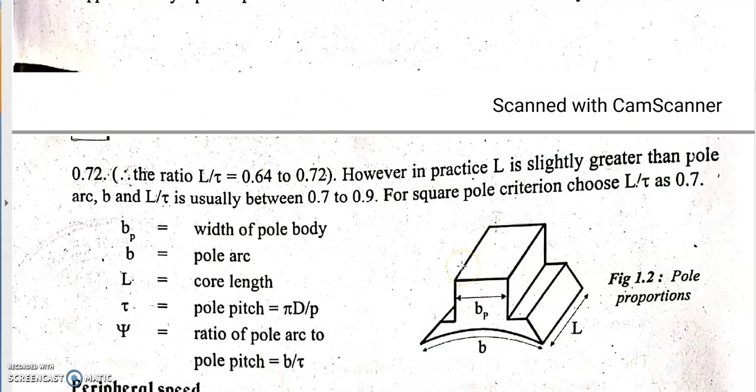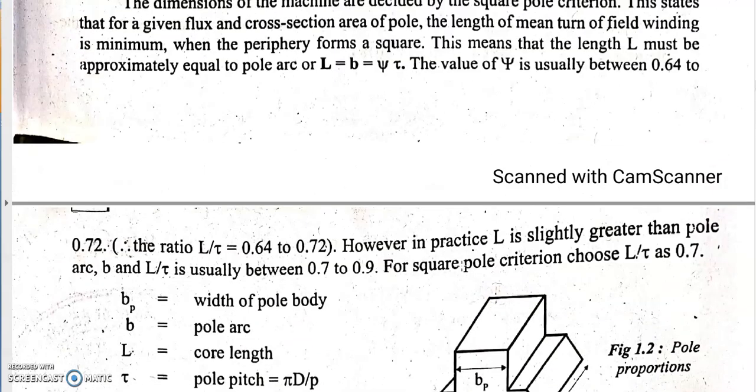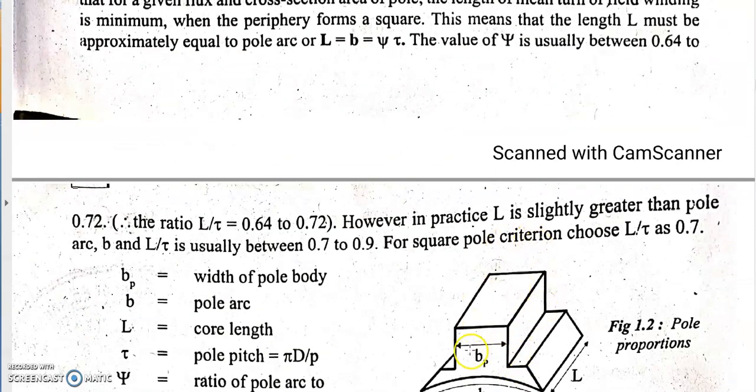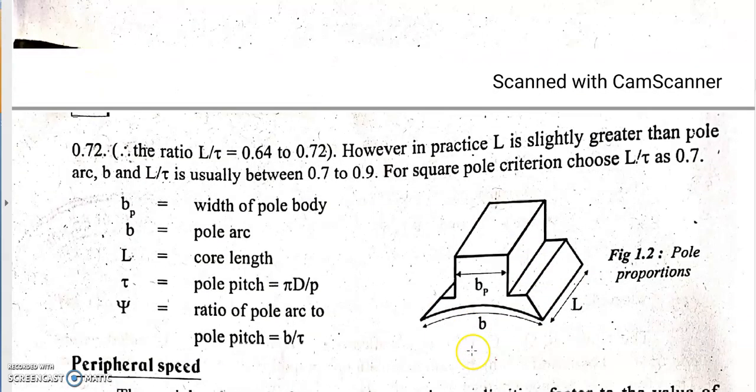And these all depend upon how the construction of the pole reduces the mean turn length of the field winding. So the length of mean turn of this winding decides the necessity of square pole, rectangular pole or circular pole.